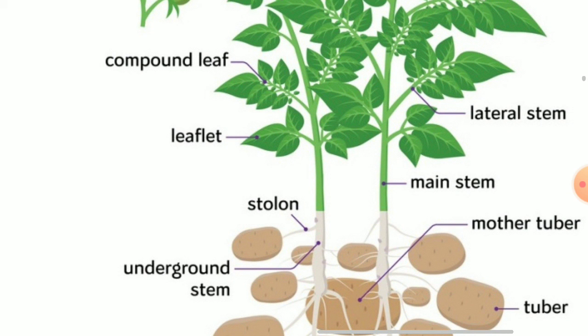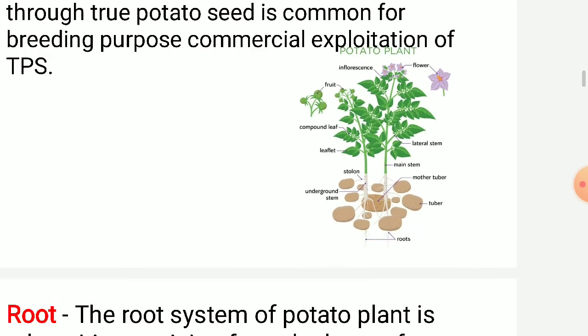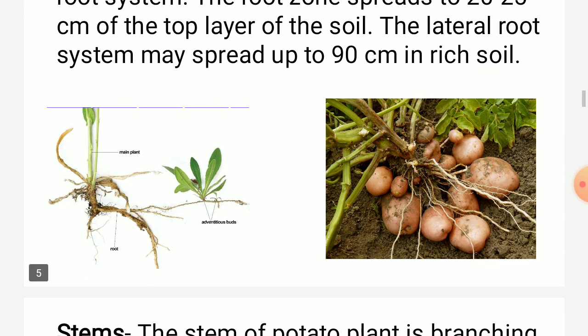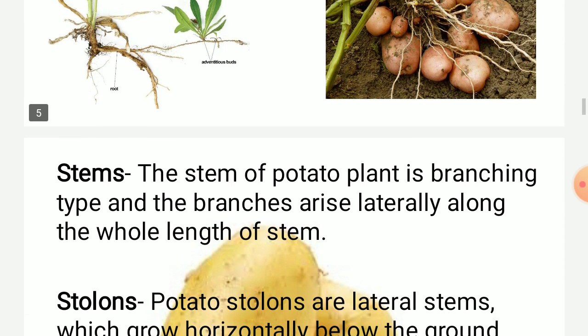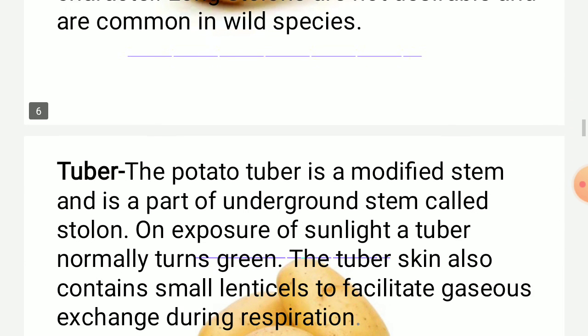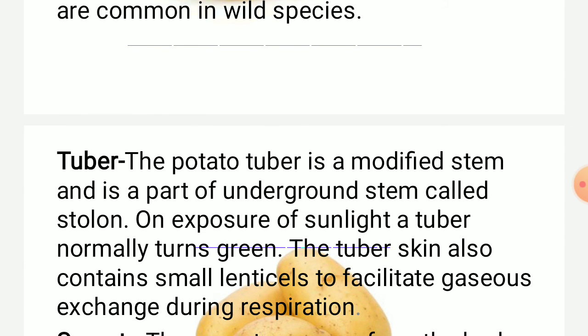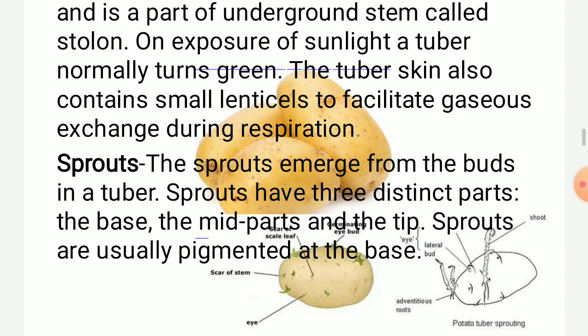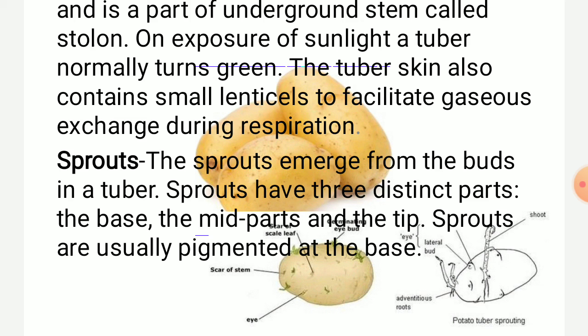Then next point is tuber. So potato tuber is modified stem. It is borne on the end of stolon, underground stem is called tuber. Then next point is sprout. The sprouts are growing eyes of potato tuber exposed to sunlight.